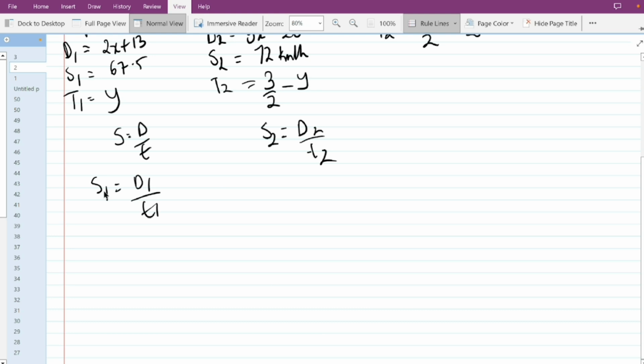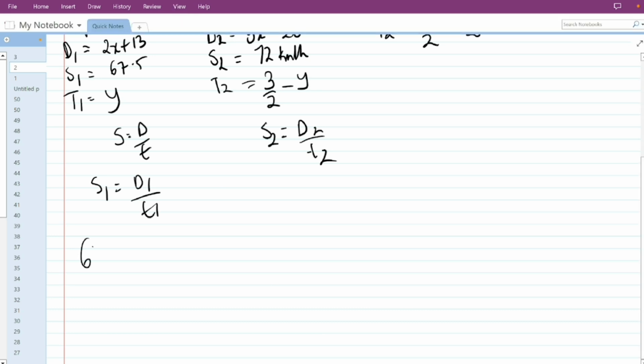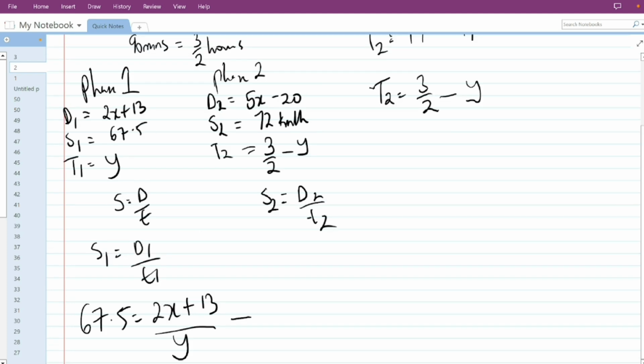For this first phase, we have 67.5 equals our D1 is 2x plus 13 over our T1 is y. This should be called equation 1. And for the second phase, we have S2, which is 72, equals our D2 is 5x minus 20 over our T2, which is 3 over 2 minus y.